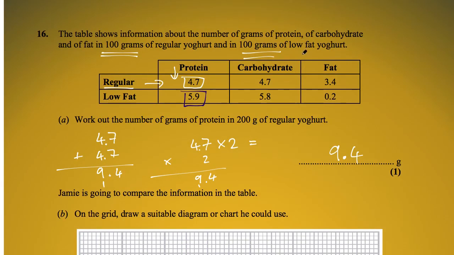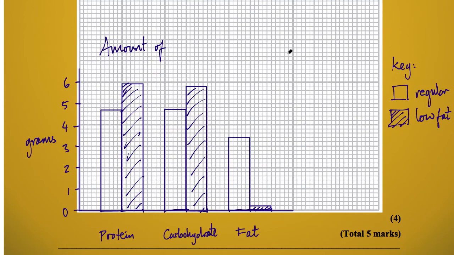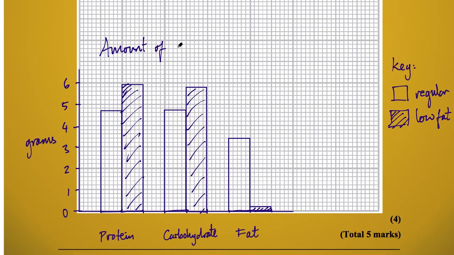It's amount of protein, carbohydrate, and fat, I suppose, in 100 grams of yogurt. Realistically, I don't think the mark scheme would penalize you for not putting a title on this one because it's straight above. But technically, all graphs should have a title, so it's always worth putting the title in. What's important in the title is the 100 grams of yogurt.